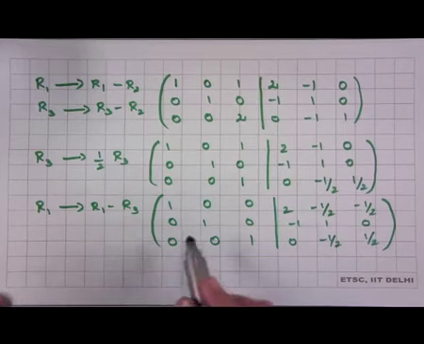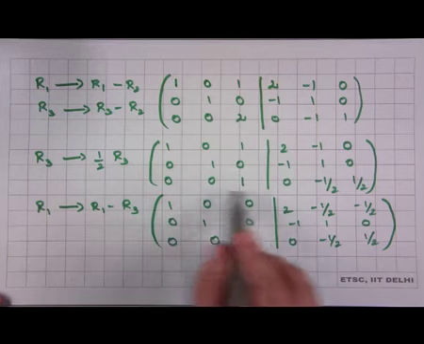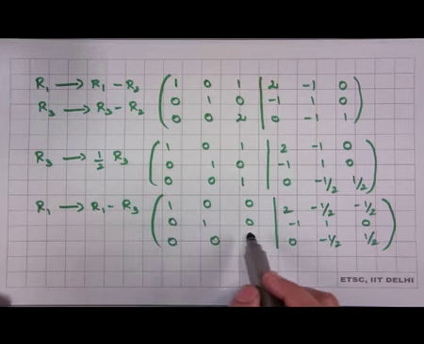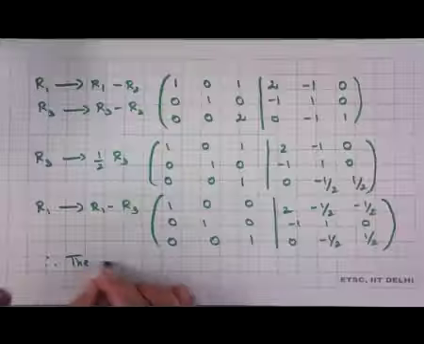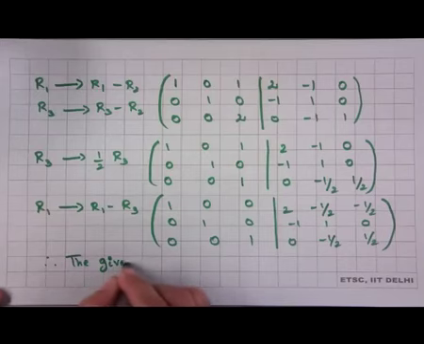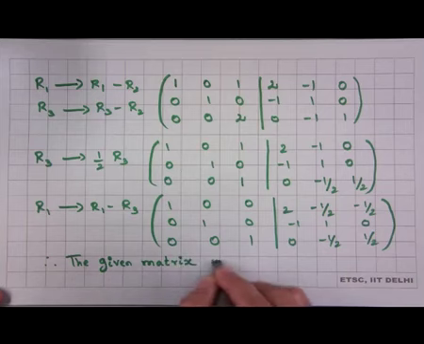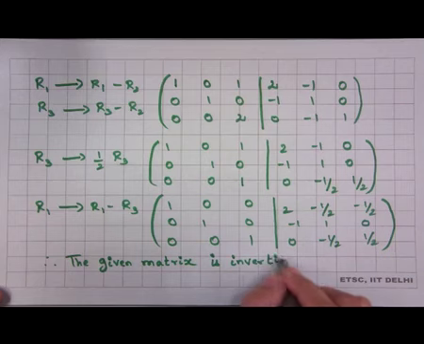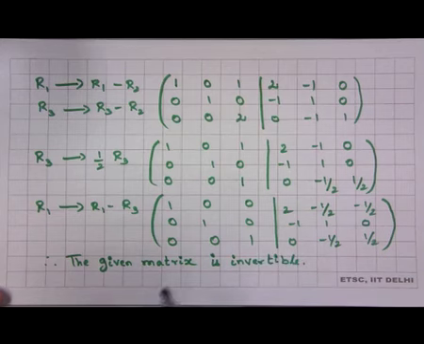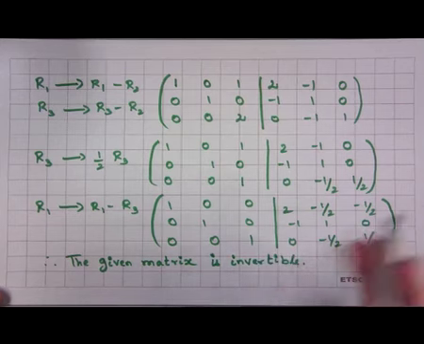Thus, what we have obtained is the identity matrix, which is the row reduced echelon matrix of the given matrix A, and therefore, the given matrix is invertible. And once you know that it is invertible, the matrix that you have obtained on the right hand side is the inverse of this.